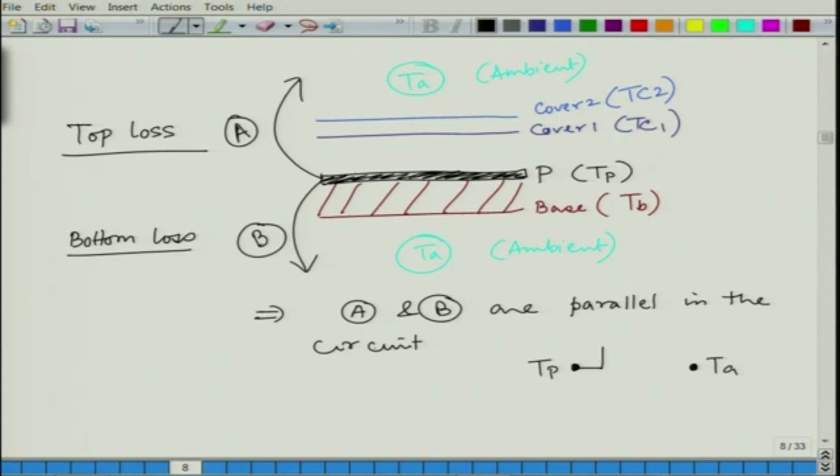There are two alternative pathways. One is the top loss, path A, with some resistance Ra, and the other is path B with some resistance Rb. They are two alternative paths for the same node, that is why they are connected in parallel in the thermal circuit.